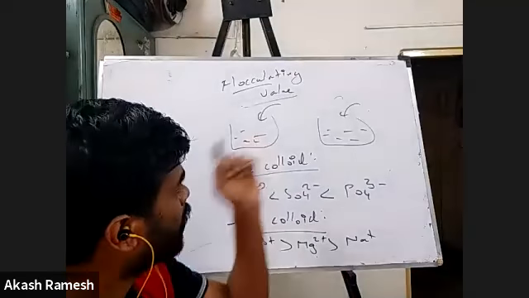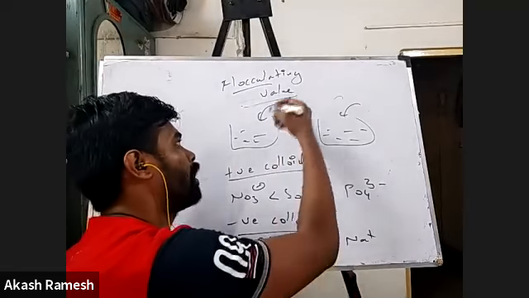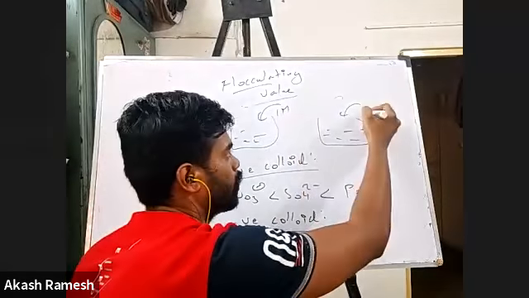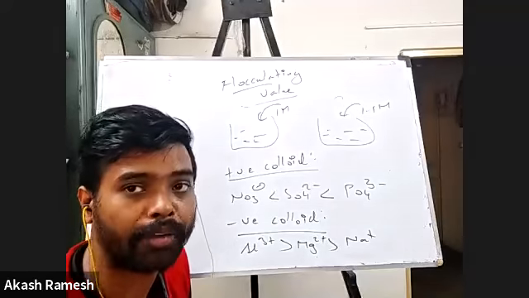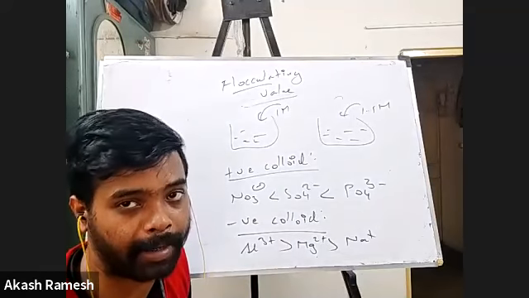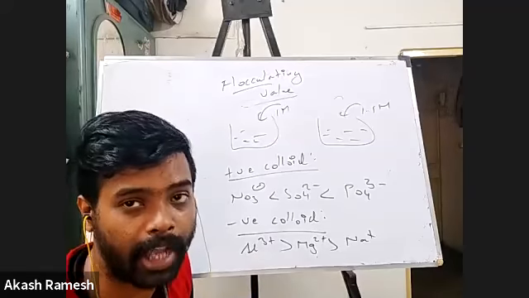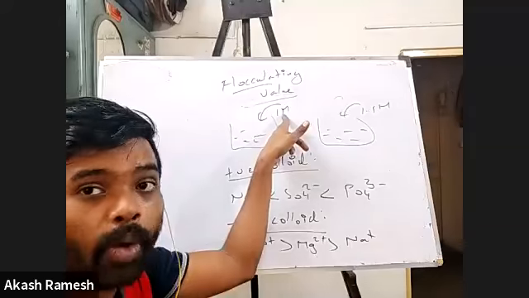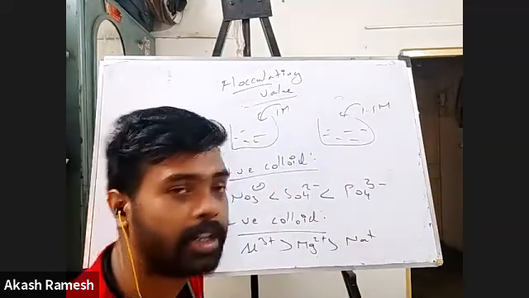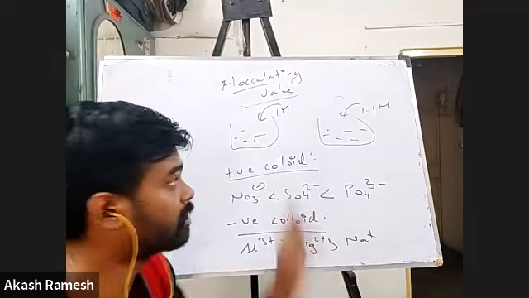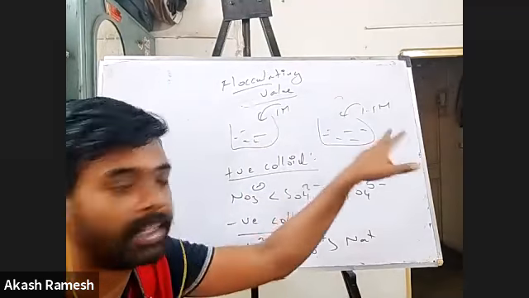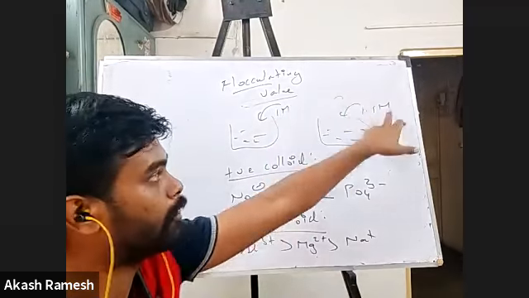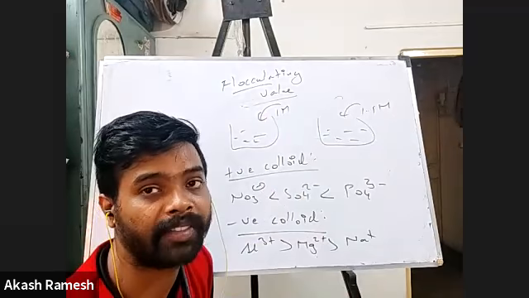Here I require 1 m of electrolyte, and here I require 1.5 m, for complete coagulation to happen. These are two different electrolytes. This electrolyte at 1 m is sufficient, but for the other I require 1.5 m.